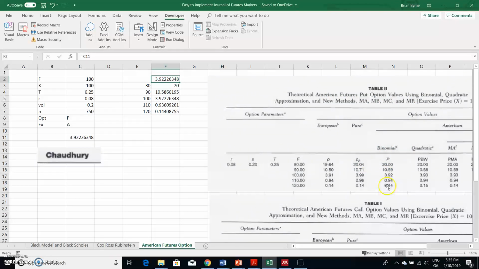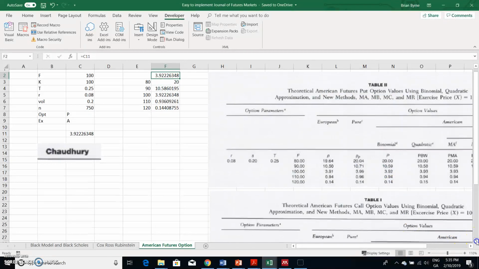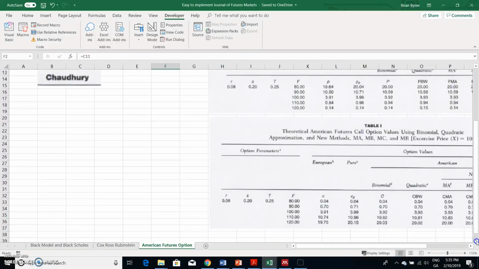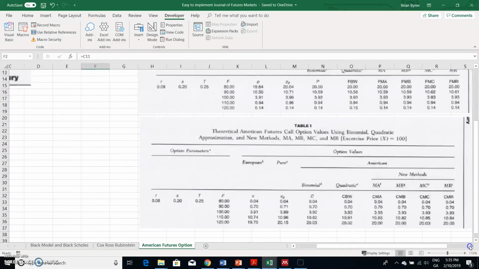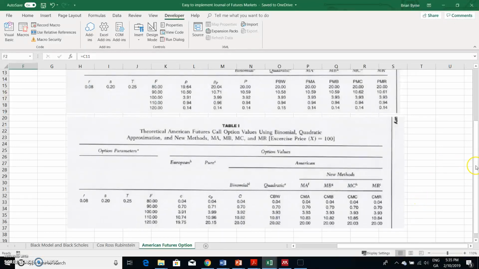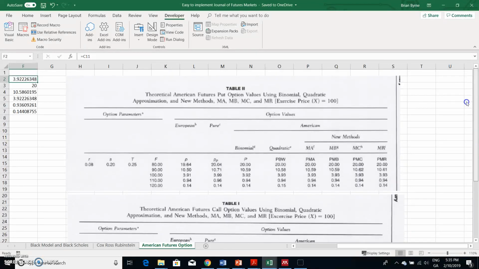Okay, so this is the binomial, and the number of steps in his tree was, if we can take a look at it for a moment, 750 steps. So in the small detail relating back to the futures, we had 750 steps, and I had parameter values. Let's pause for a second.